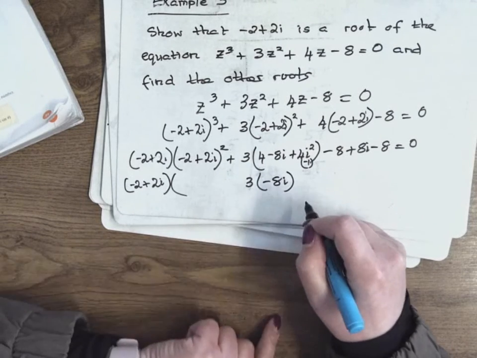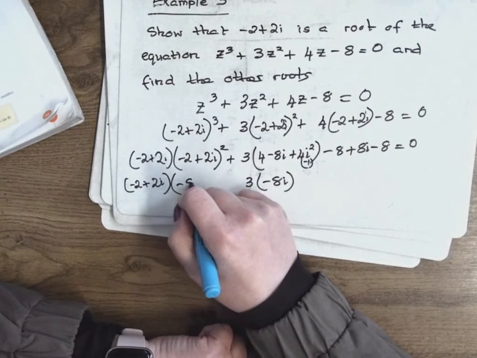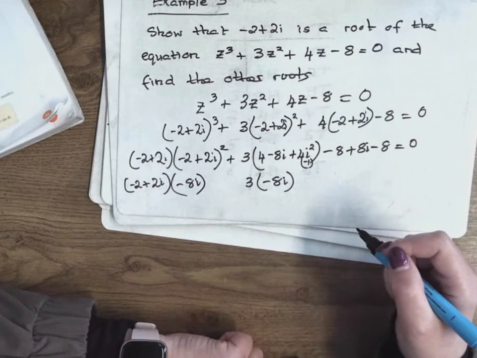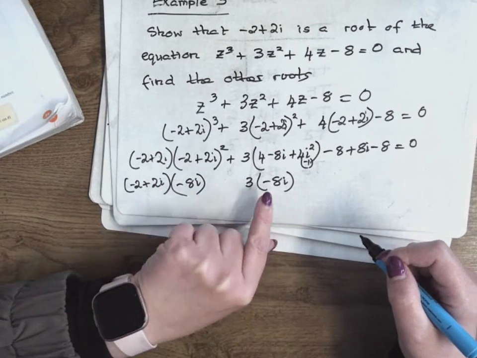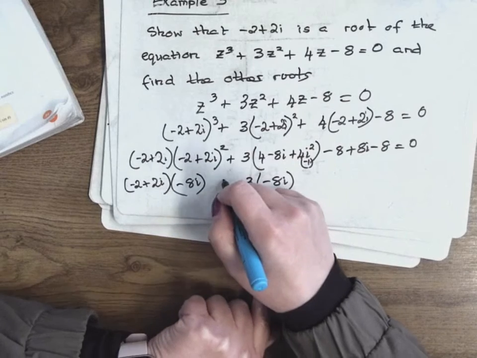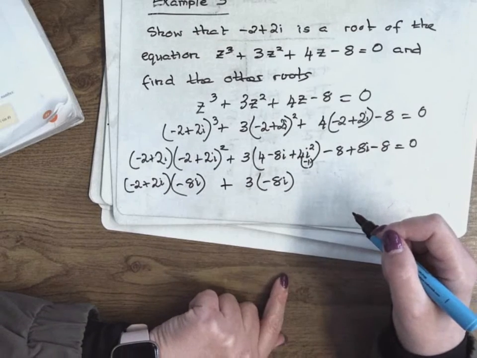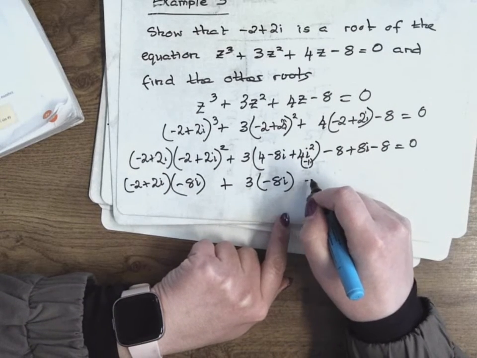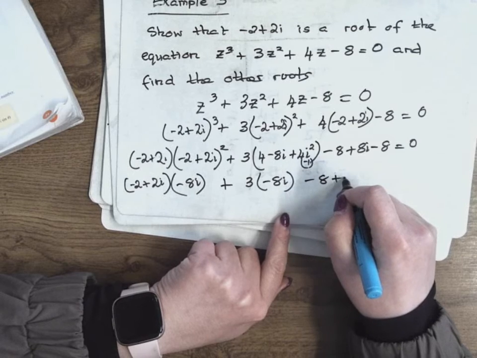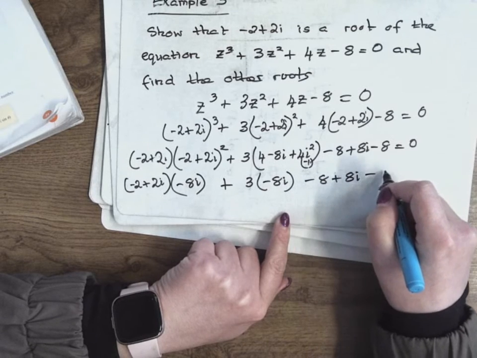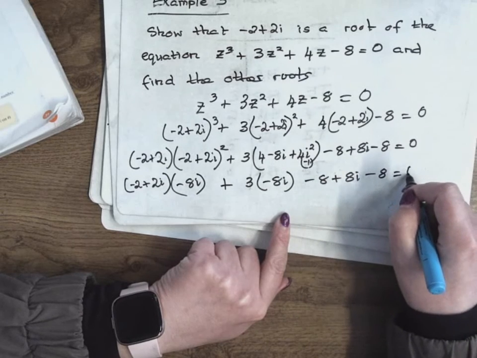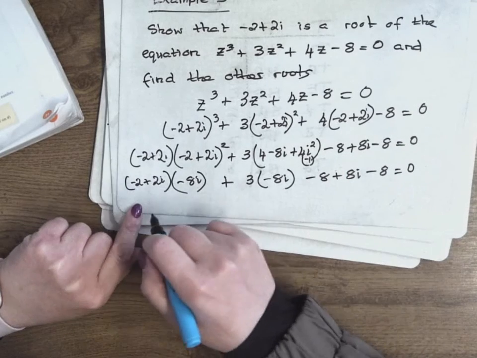Would you agree? So I know I've just squared that out over there, so I know the answer when you square it is minus 8i. Is that okay? I just used it over here. Are you with me? Right, okay. Then I have minus 8 plus 8i minus 8. So there's a bit of multiplying out here because it's a cubic equation.